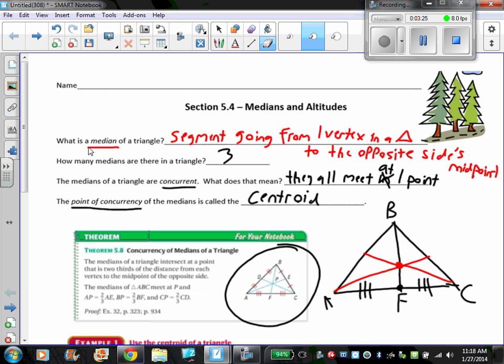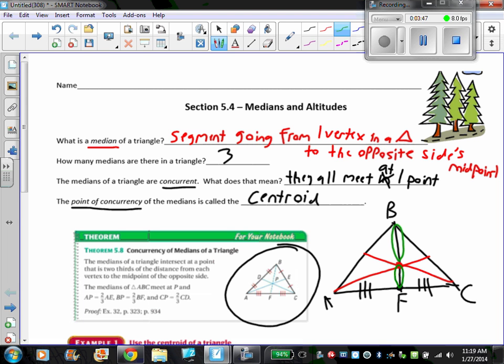So the whole idea here, as it says in this theorem, the congruency of medians of a triangle, if you look at any particular median, it's going to be split into two segments by the centroid. There's the first segment, there's a smaller one. One is always bigger than the other.